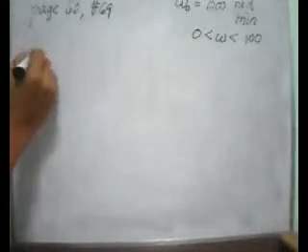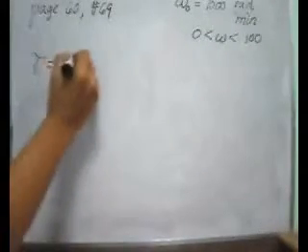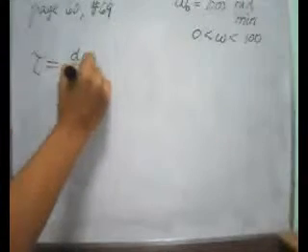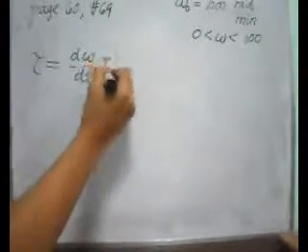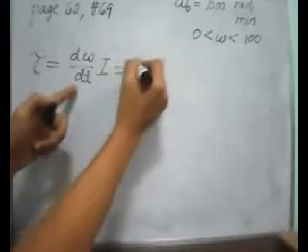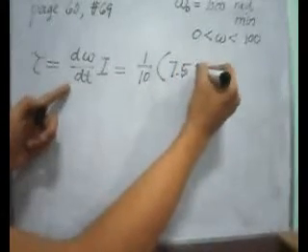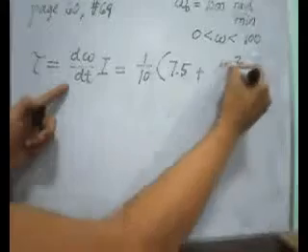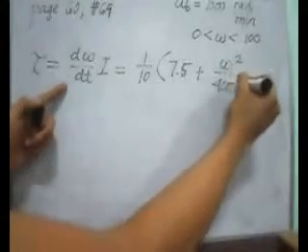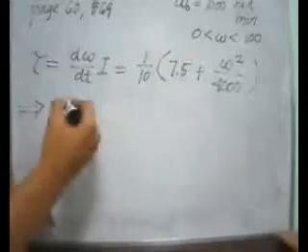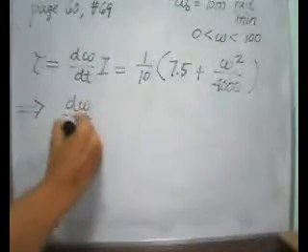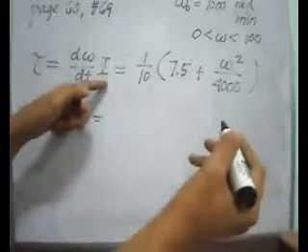Since we have it already, we will start with torque equal to I times d omega over dt, the angular acceleration, equal to 1 over 10 times (7.5 plus omega squared over 4,000). So let's begin. We simplify that one.